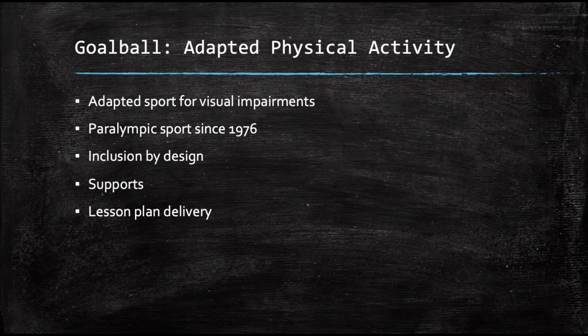Rather than modifying an existing sport to fit athletes with disabilities, goalball was created from the ground up with accessibility in mind. This makes it an excellent example for teaching both movement skills and inclusive pedagogy in physical education.